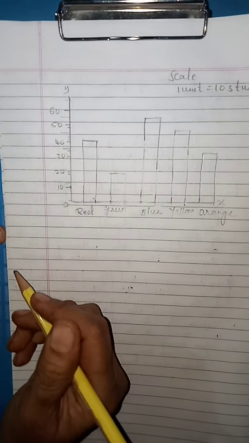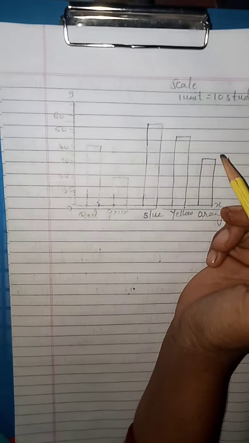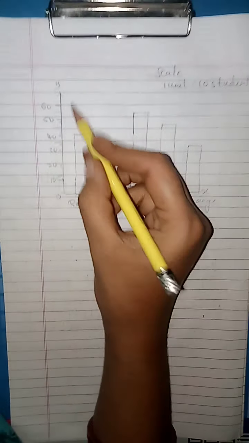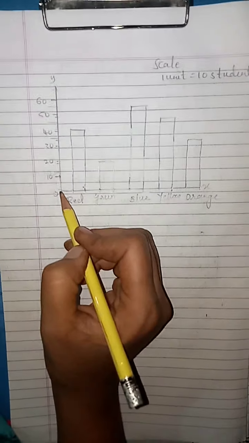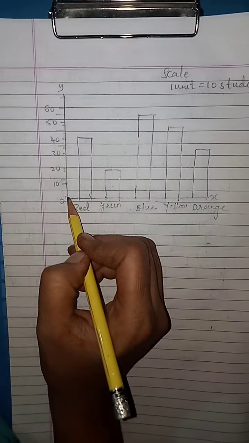Understood, children? Here first you choose the scale, 1 unit equals 10 students, and along the y-axis, this is the vertical line, you have to choose the number of students.